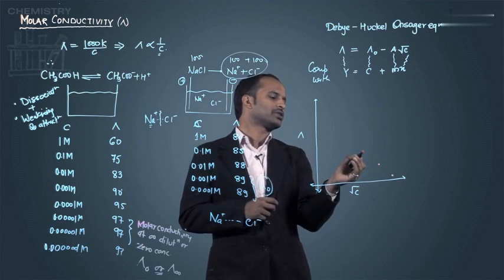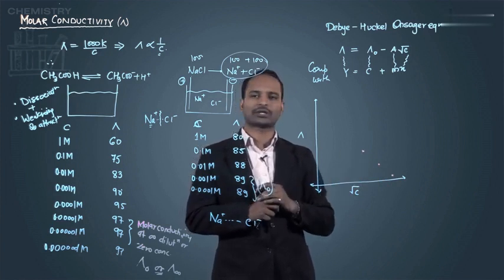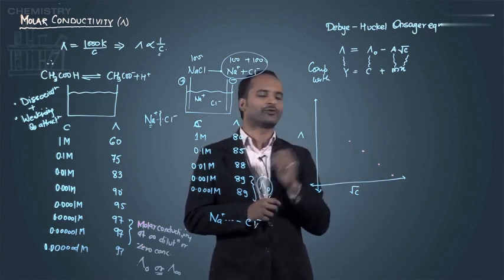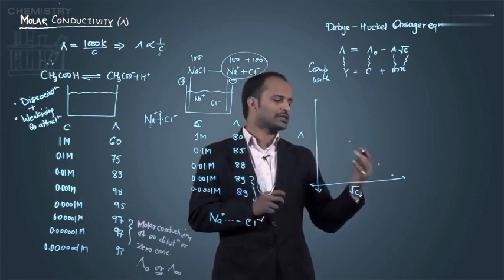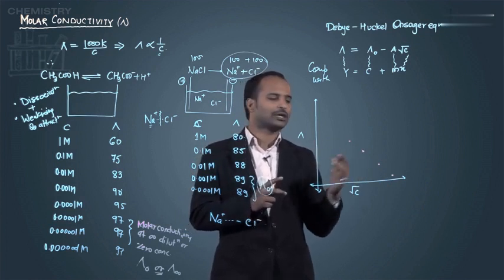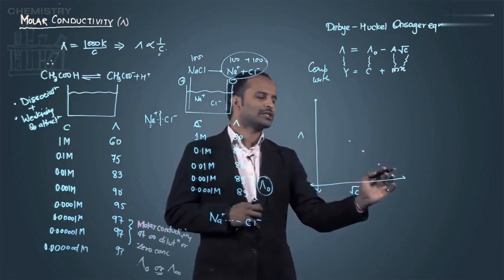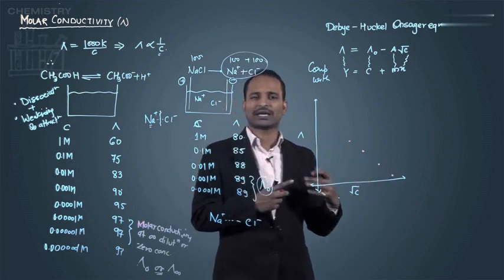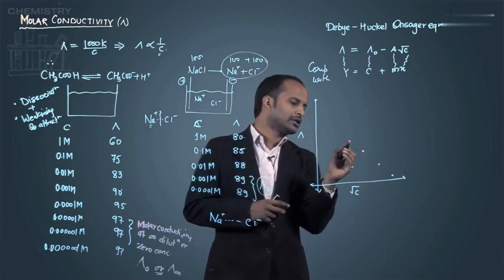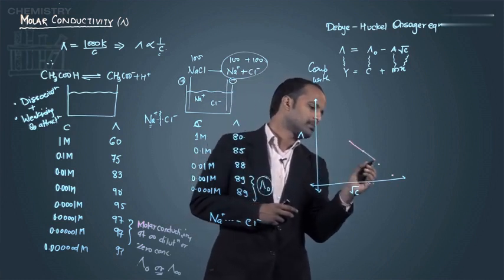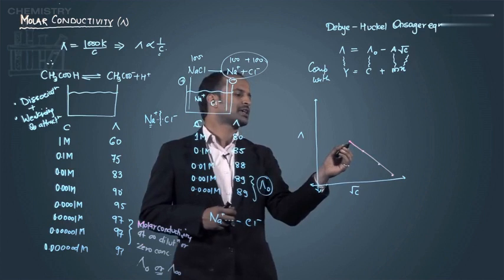Then again the concentration is reduced, that means on dilution the lambda value will increase. So after getting 3-4 points, we use an extrapolation method, where after joining these 4 points, the graph is extrapolated.